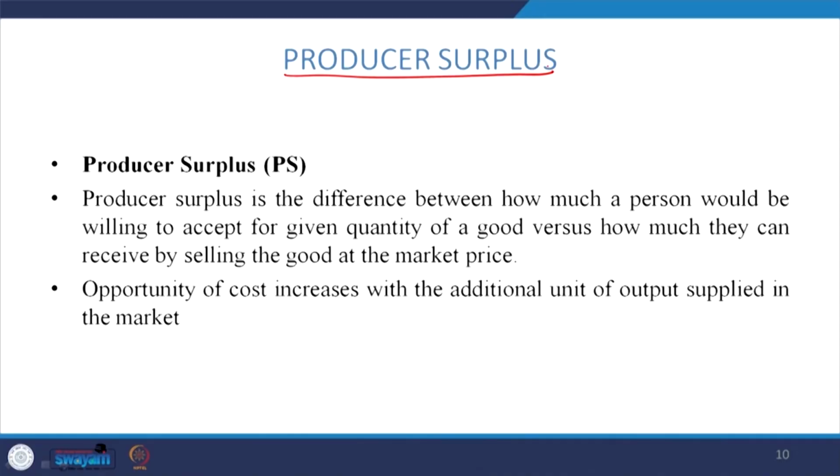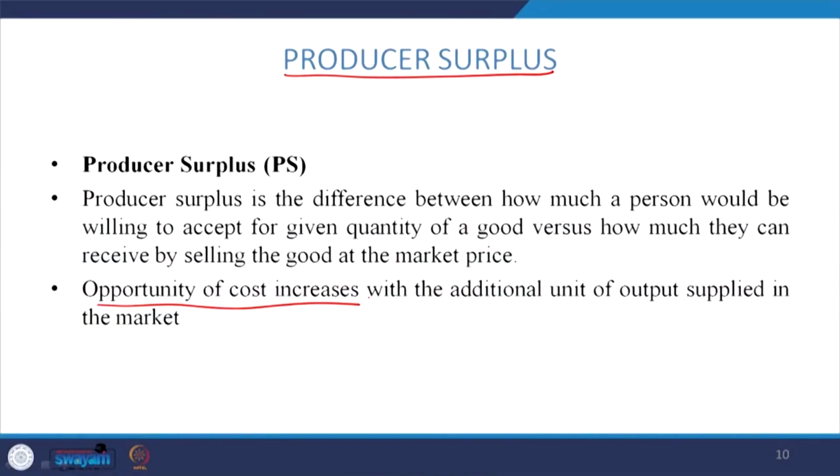And that actually depends upon how much the opportunity cost is of every successive unit being manufactured, being produced by the producers. And here the concept is just the opposite of diminishing marginal utility.